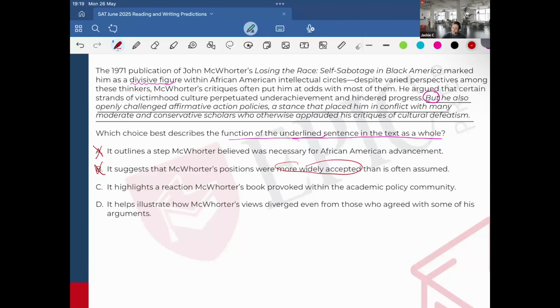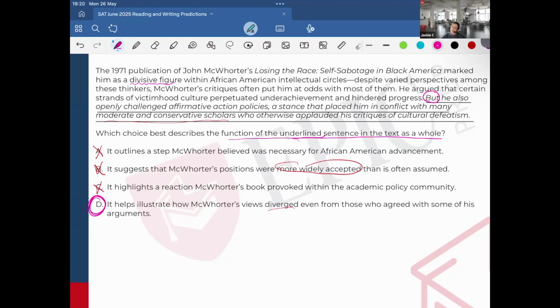So if you paused the video and went for C, it is a trap. D, it helps illustrate how McWhorter's views diverged even from those who agreed with some of his arguments. That's exactly what I was explaining. It's showing that even these moderate and conservative scholars who otherwise thought he was great rejected his stance on affirmative action.